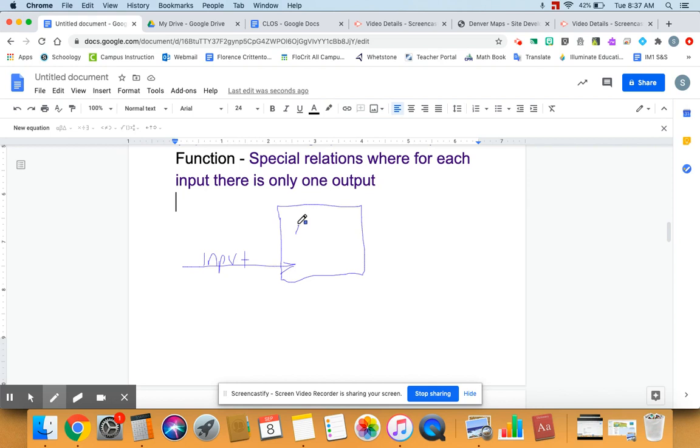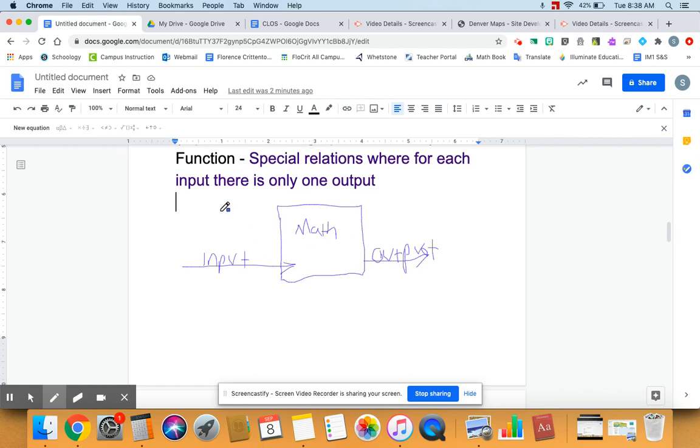Some math happens. And then out of the machine comes an answer, and our answer is also known as our output. So it says in the instruction, a function is a special relation where for each input, there is only one output. Meaning, as long as I put something in and only get one thing out, we're good.